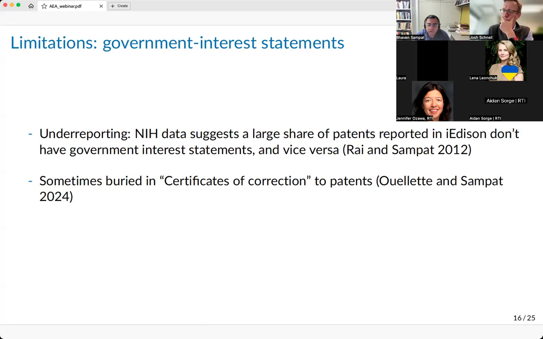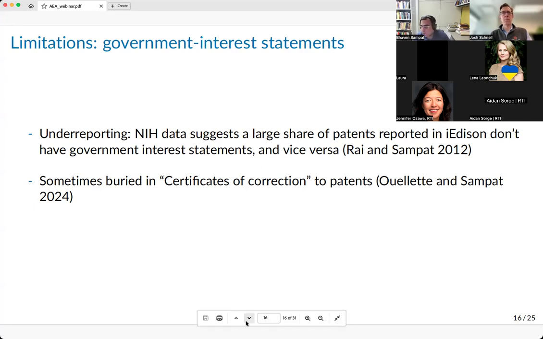So that's an issue. One thing that I've discovered in more recent work is that a lot of the patents that are reported back to the NIH via iEdison but don't appear in the Patent Office records actually are in the Patent Office records, but not on the standard front page. Rather, they're buried in so-called certificates of correction to the patents, which are not at this point machine readable or readily accessible, and trying to make them so is a project that I and a few others are working on.